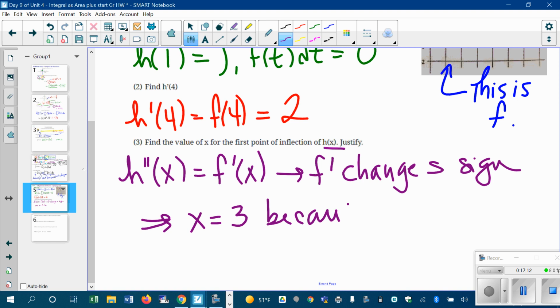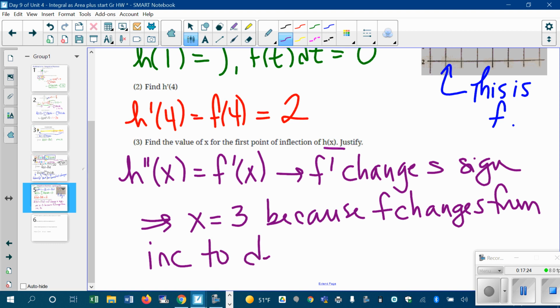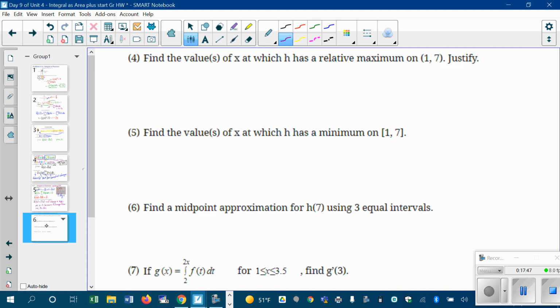We could give a reason here, because f changes from increasing to decreasing, which indicates that f prime is changing from positive to negative, which indicates that we have a change in h from concave up to concave down. Any of those things would be fine as long as we are labeling correctly and we say things like increasing and decreasing where we mean, and positive and negative where we mean. Don't mix up those words.